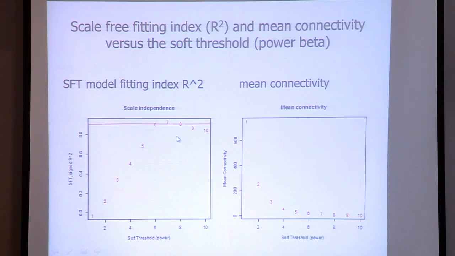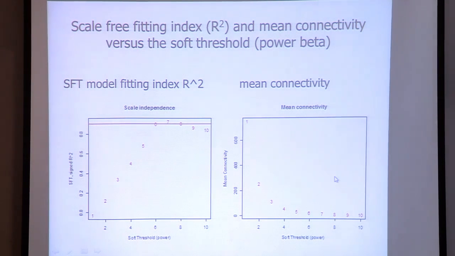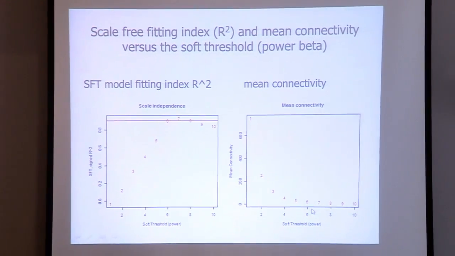That's how I use it. Now, the other thing to mention is that the mean connectivity, of course, decreases. As you increase the threshold, the number of connections diminishes, and so you get this plot where the mean connectivity monotonically decreases for different powers.